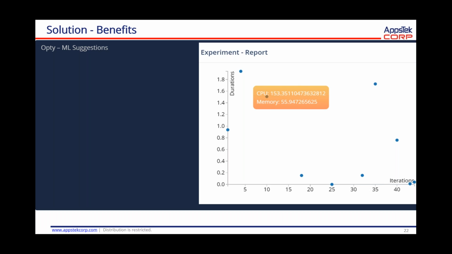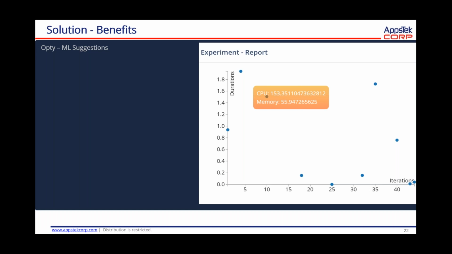This is a scatter plot. After Optimizor finishes playing the game with your Kubernetes workloads and the Kubernetes cluster, it shows you all the different data points where your cluster and workloads can run at optimal levels.